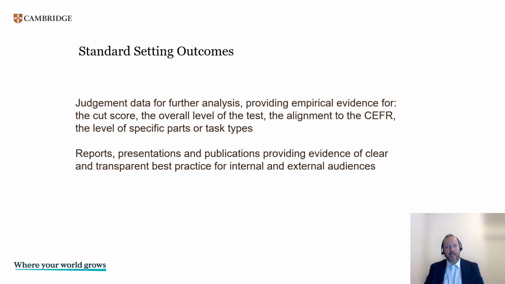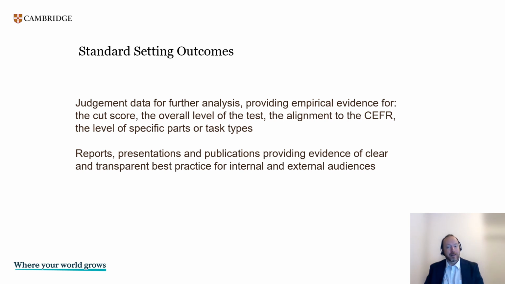Standard setting can have various outcomes, and these can be both intended and unintended. Ideally, standard setting will confirm the cut score and the level of the test is as expected, as per the test specifications, and has remained stable over time, i.e. the test specifications again are doing their job. Item writers are producing items consistently the same.